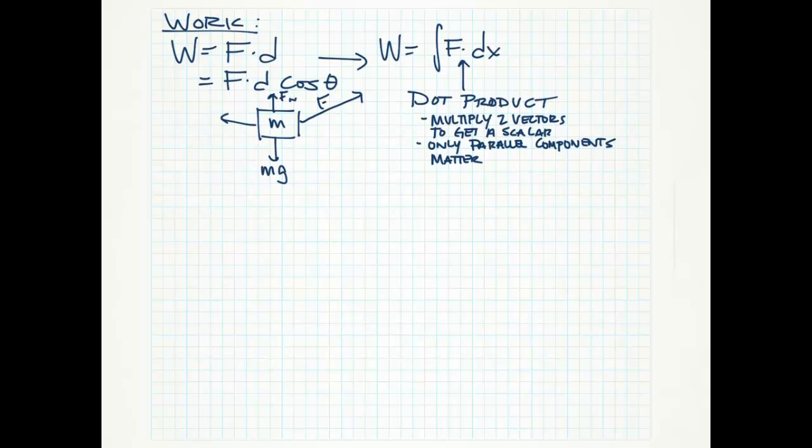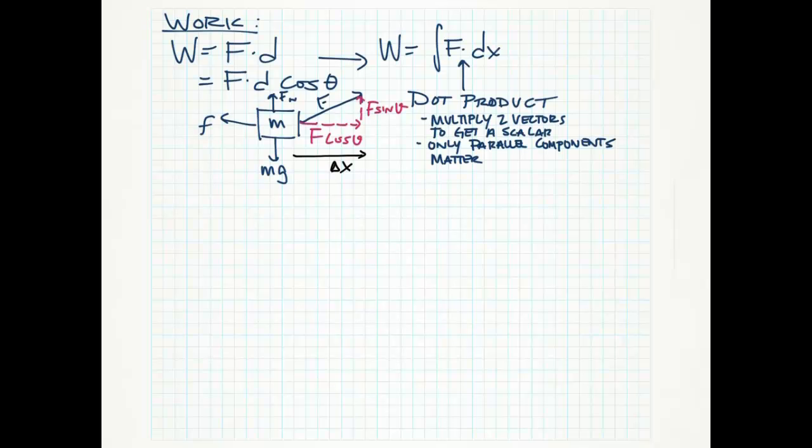When we look at this, we can't use all of F, so we're going to have F cosine theta this way, F sine theta this way, and if our displacement is in this direction, each one of these forces is going to do work. So we'll go ahead and talk about net work with this as well, and what the dot product means.